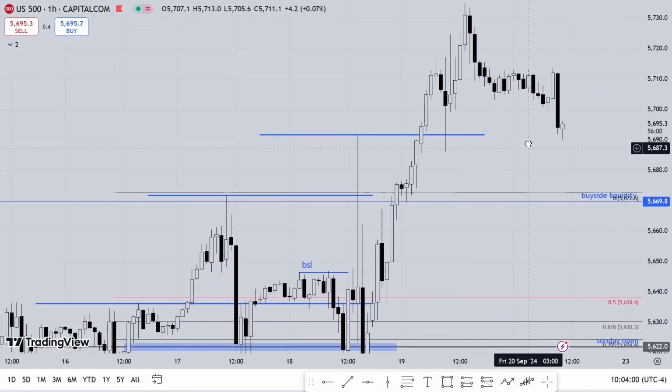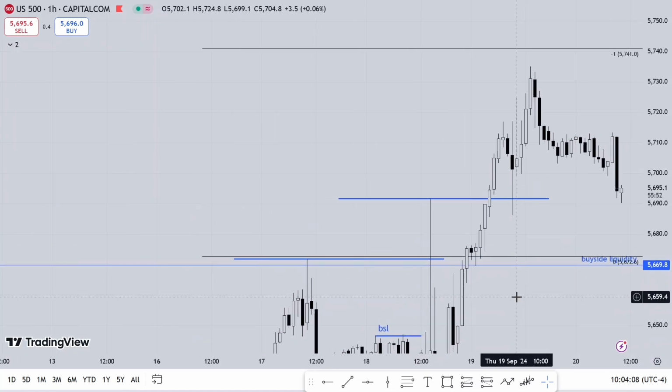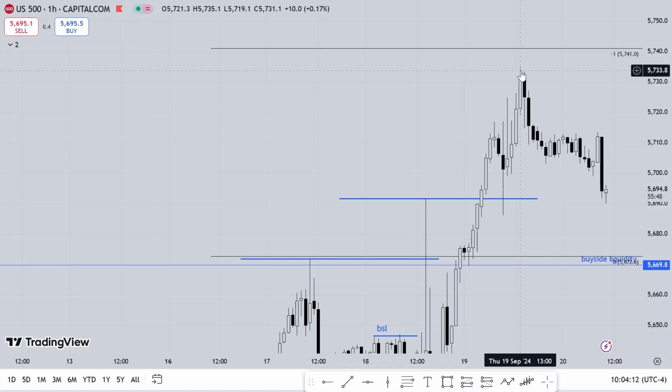So we are not interested in price coming back for this imbalance here short term. So price went just shy of the first target, which is the negative 5 standard deviation, which is 5,741 for the US500 on capital.com.